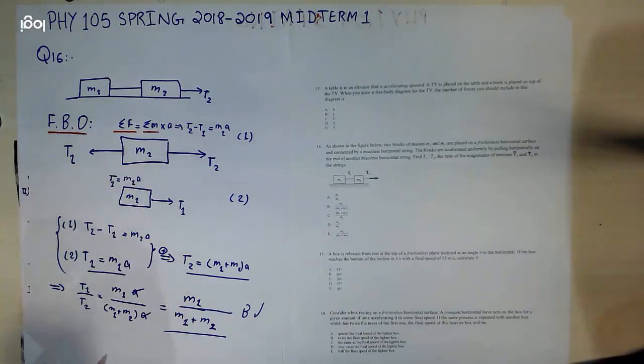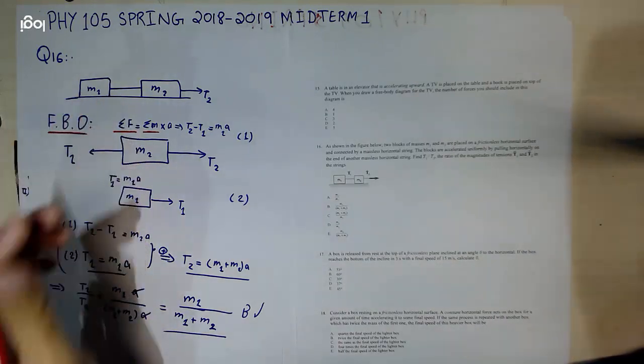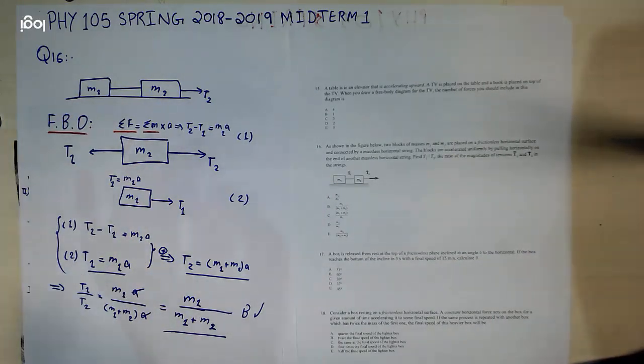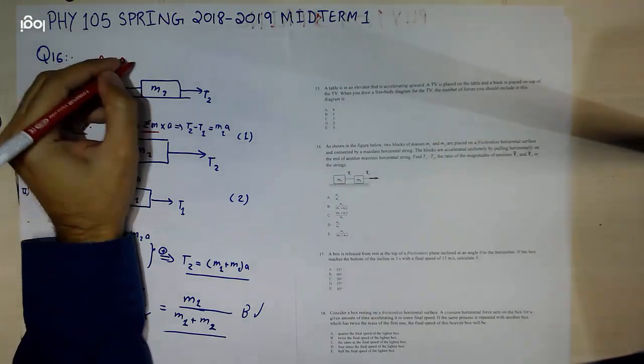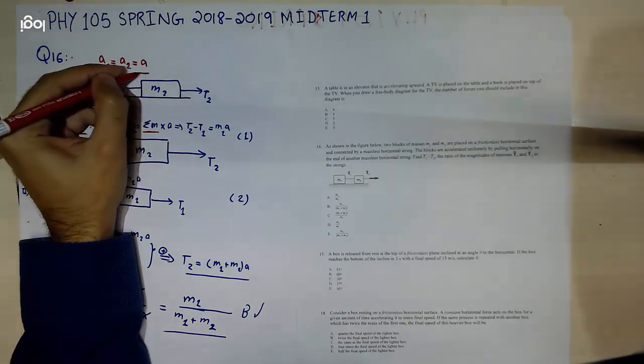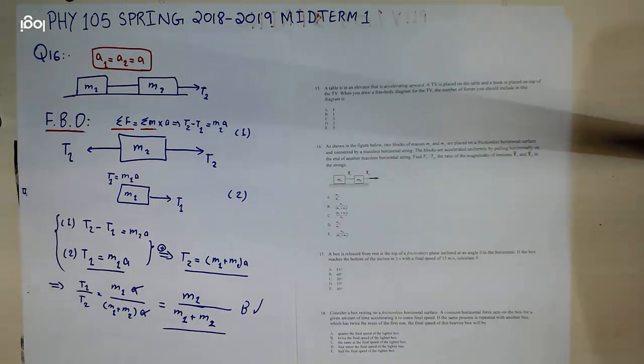We should notice that both masses move with the same acceleration. Otherwise, in our system there would be a collision. So the acceleration of each of the masses should be equal.